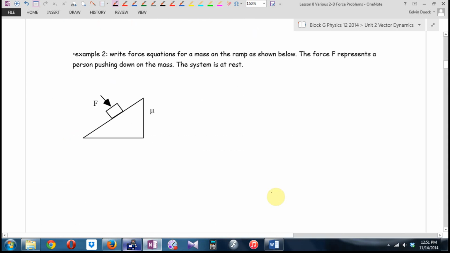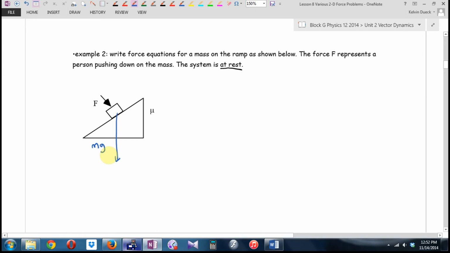Example 2. We're just going to set it up. What are the forces acting on the block? Get the obvious one. So I have gravity down. I'll draw it nice and big for a reason. Don't draw the normal force yet. It's going to be weird. What else?